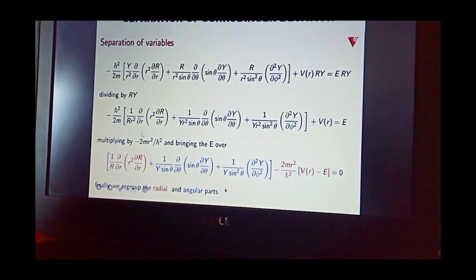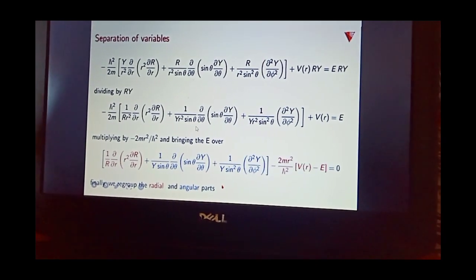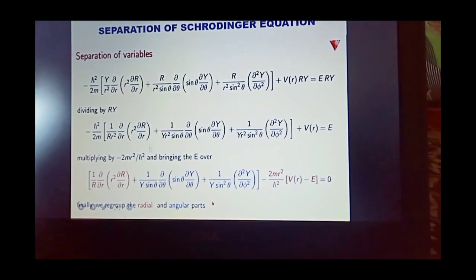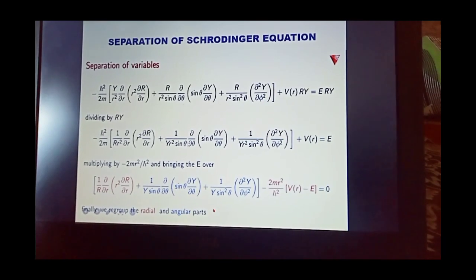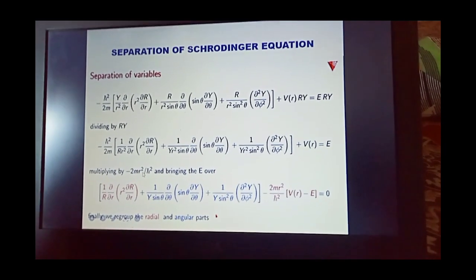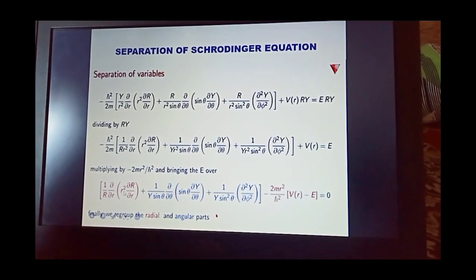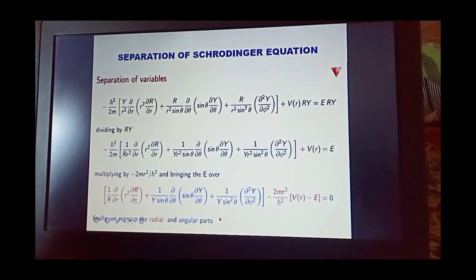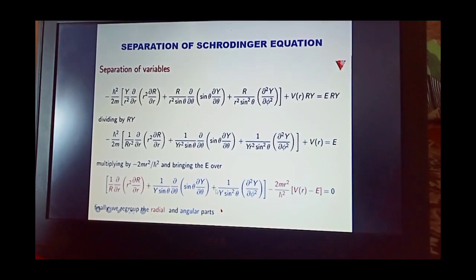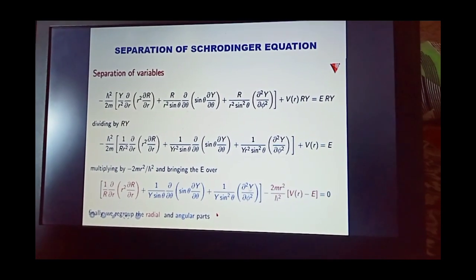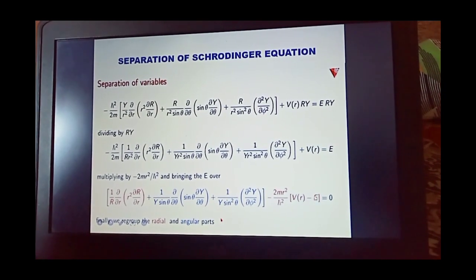After dividing this equation by RY, and after multiplying this equation by minus 2mr² by ħ², and bringing the E over, the equation will be: 1 by R ∂/∂r of (r² ∂R/∂r) plus 1 by Y sin θ ∂/∂θ of (sin θ ∂Y/∂θ) plus 1 by Y sin²θ ∂²Y/∂φ² minus 2mr² by ħ² into (V(r) minus E).